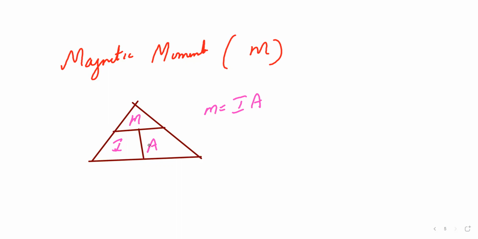Simple thing. I think everyone knows what is I. I is current, A is the area. So it's a product of current and the area.